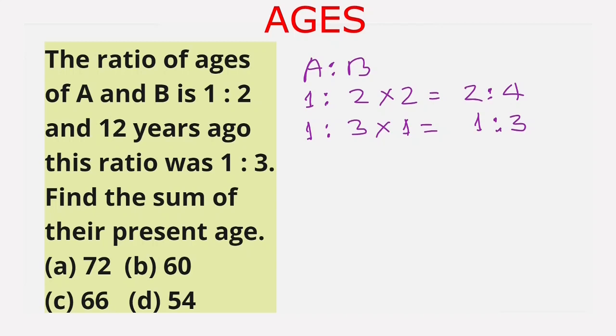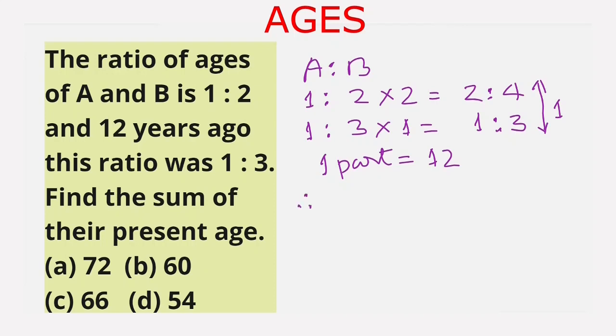So 4 minus 3 is 1, or 2 minus 1 is 1, and 1 is equal to how much? 12 years, because it is said that 12 years ago the ratio was 1:3. So one part is 12 years.